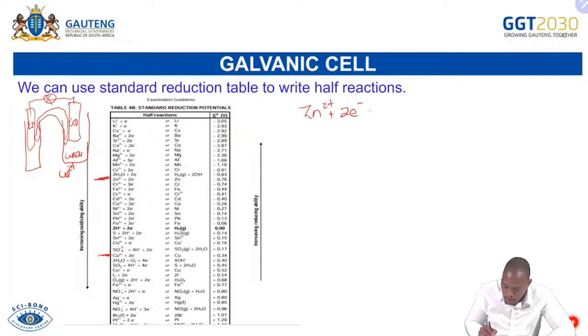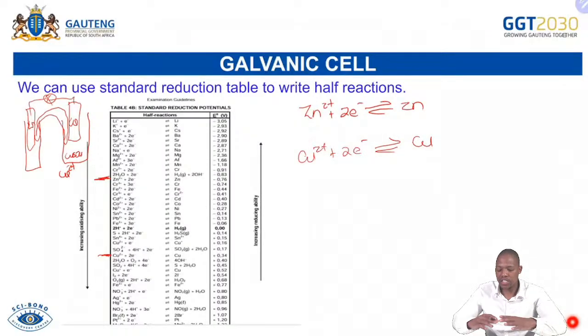There are certain things that you need to be careful of when you are using the table, grade 12. Then let's write the copper, Cu2+ plus 2e-. If you notice, both of these reactions are written in the same format, and that's the format of reduction, hence it's called the standard reduction potential.